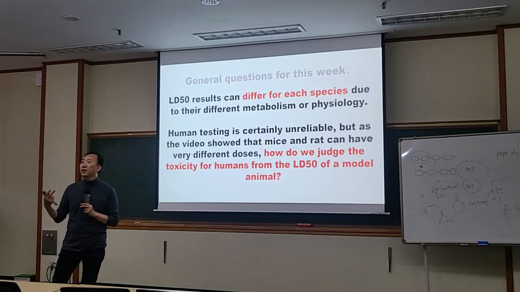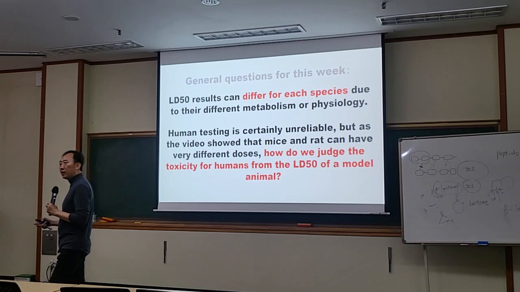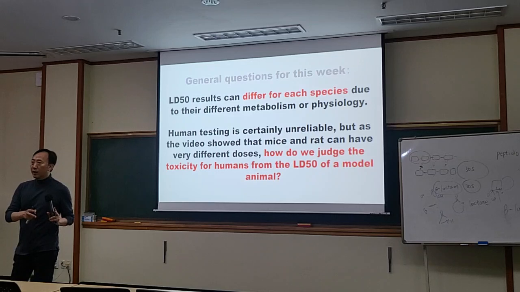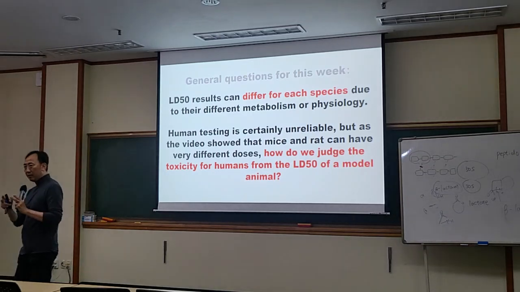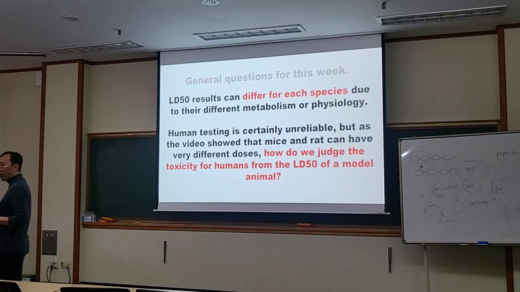That concern is raised over and over again. So that's why these days, if we want to develop a new drug, we need to test it on at least one rat or mouse species, but also higher animals like dogs, cats, or ideally maybe monkeys.